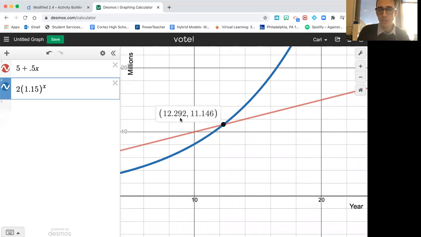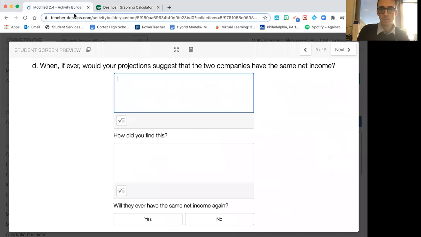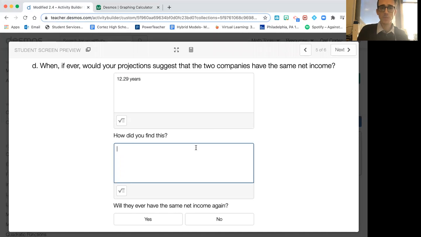And what's being measured here again? 12.29 what? You're saying years. How did we find this? We graphed it. We could have kept the table going, but it's manageable, but I don't know. Do you really want to keep computing like that? I'd rather let graphing help me out.